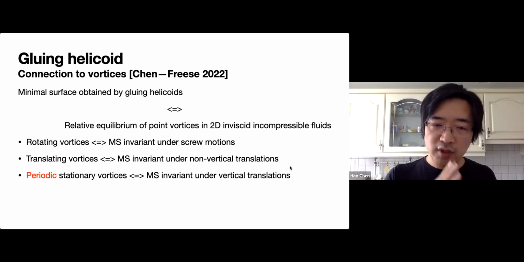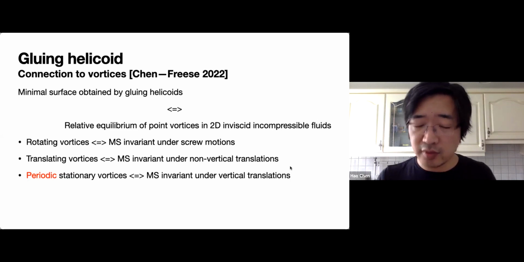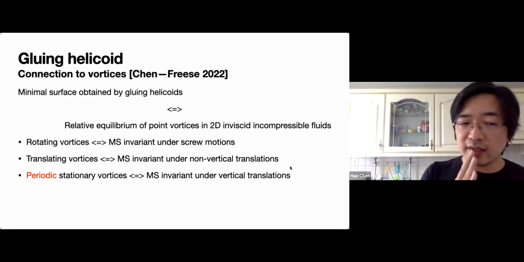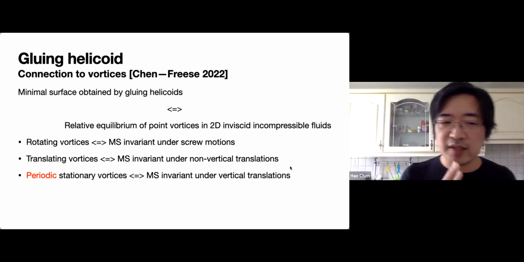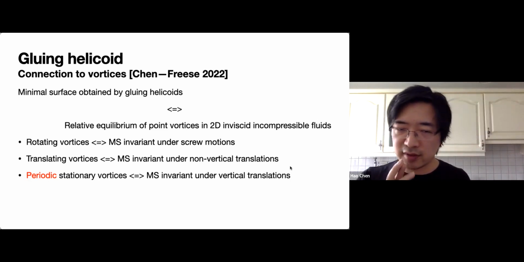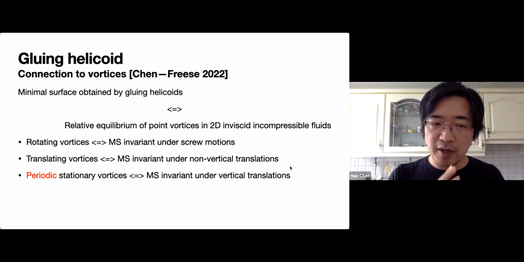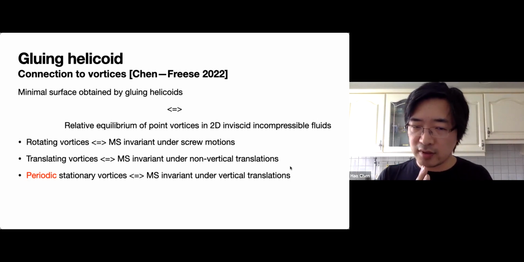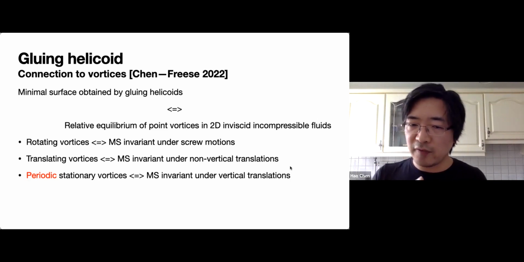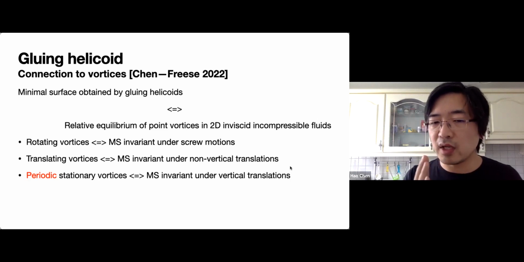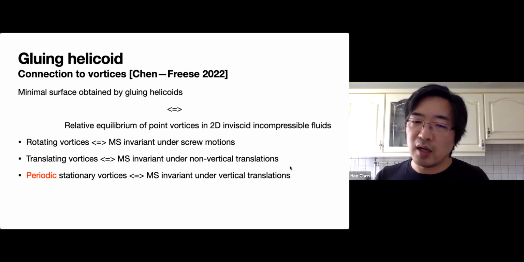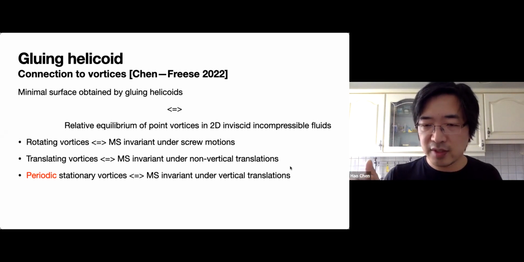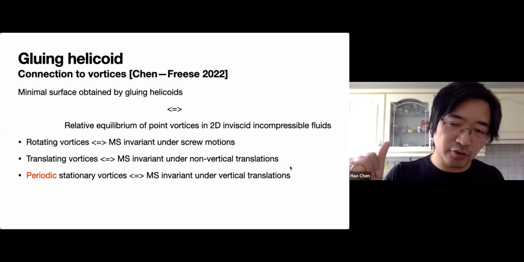And when the vortices are stationary and periodic, the same configuration of helicoids will give you a minimal surface that is invariant under vertical translations, so under the translation (0, 0, 2 pi). This does not work for finitely many stationary vortices.